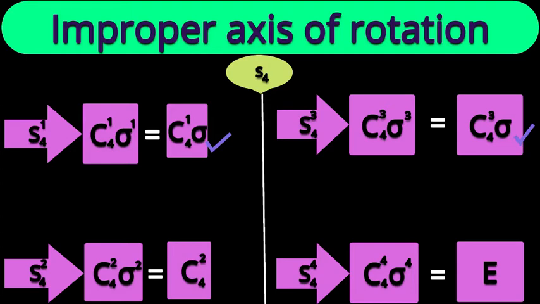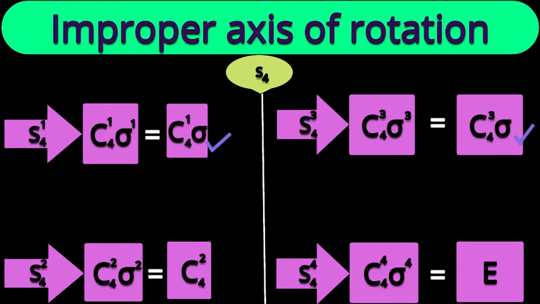S4^2 means C4 operation 2 times followed by sigma operation 2 times. Now C4 operation 2 times I can't simplify further, but sigma operation 2 times means identity. So the result of S4^2 is C4^2. But if we have considered that C4 axis previously, then now we need not consider this. So it may be a repetition.